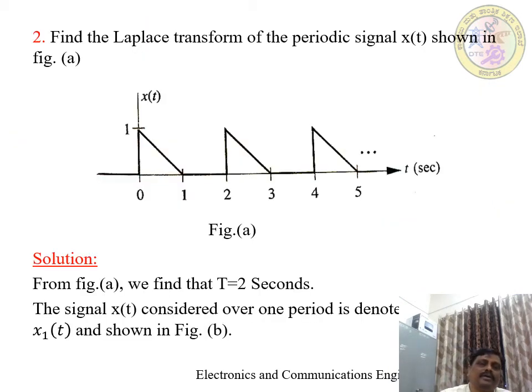Next example is here. Find the Laplace transform of a periodic signal x of t, which is shown in figure A. It is a periodic signal which repeats after a period of 2.